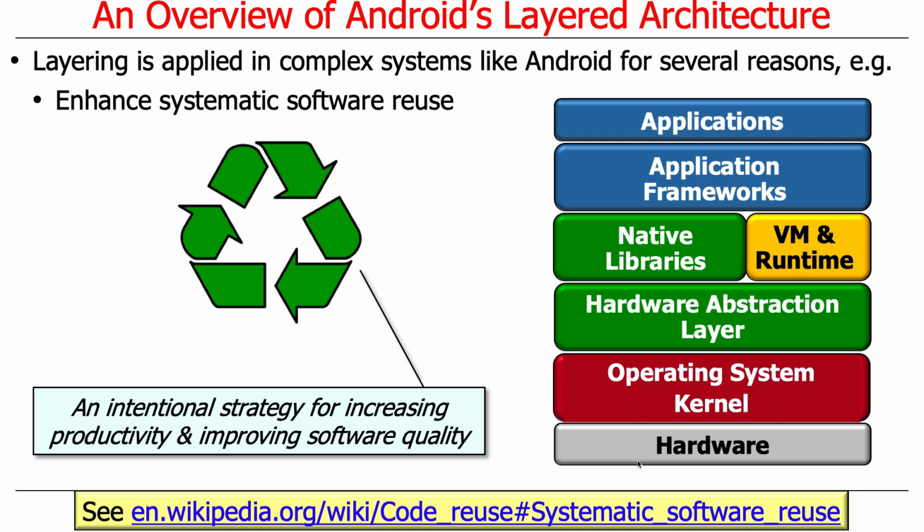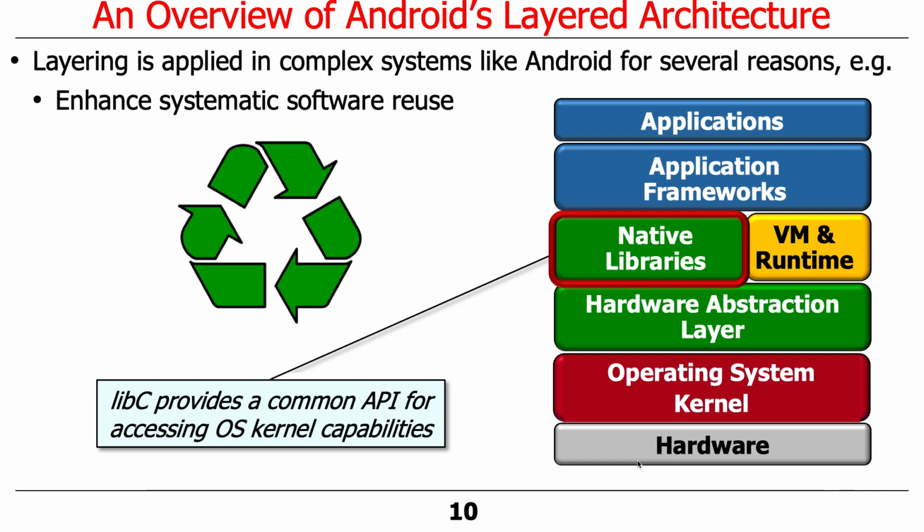So obviously using things like Linux or using Java and so on, using all those native libraries like SQLite and WebKit, that made them hit the ground faster. And so systematic reuse just says don't write it from scratch, reuse it in a way that's well thought out. So that's one of the reasons why you want to do it, get you to market faster.